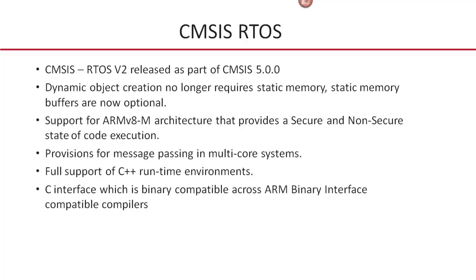Version 2 of the RTOS API also supports C++ runtime environments, and the C interface now complies to the ARM binary interface, so it allows different bits of middleware that have been built with different compilers to easily work together in an operating system environment as well.